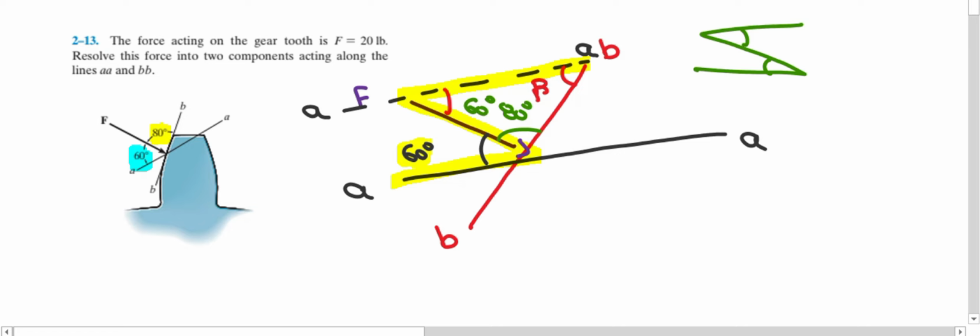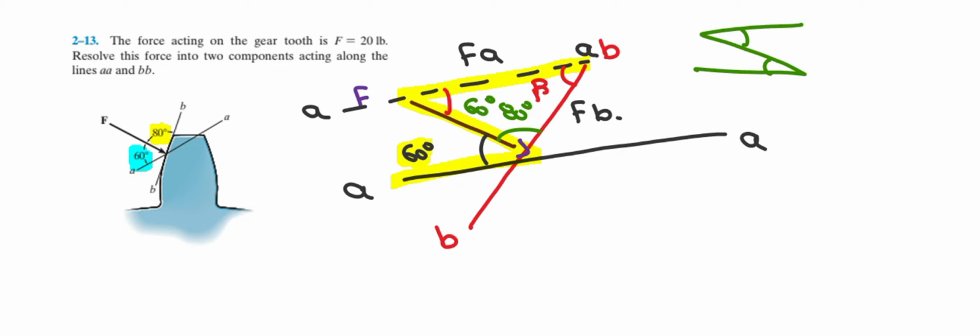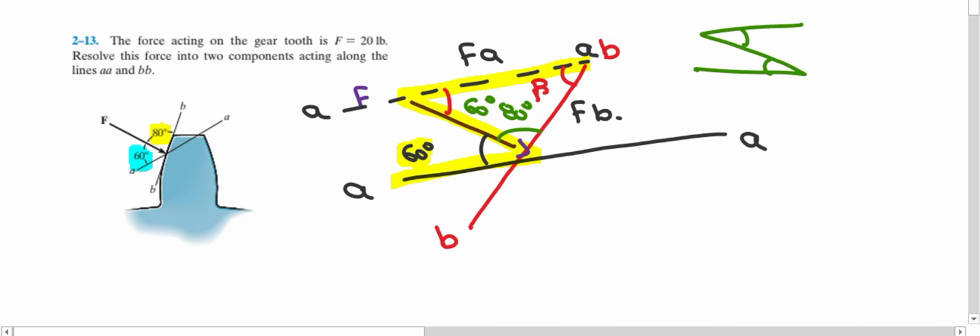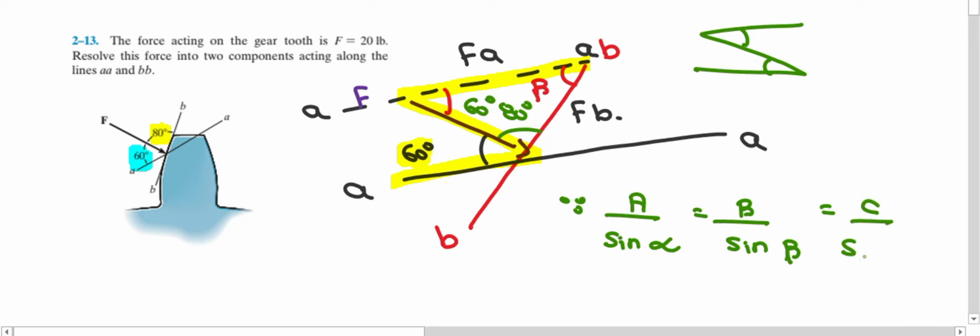Now apply the law of sine to find out the value of FA and FB. So this is basically FA and this is basically FB. Law of sine helps us to determine the unknown lengths in a triangle as well as the angles. The general formula is A upon sine alpha, equal to B upon sine beta, equal to C upon sine gamma.